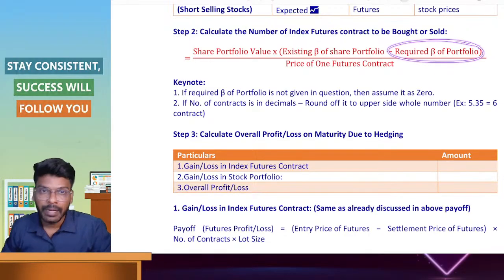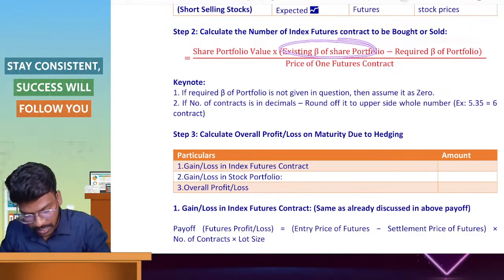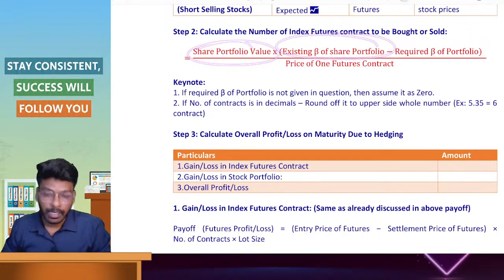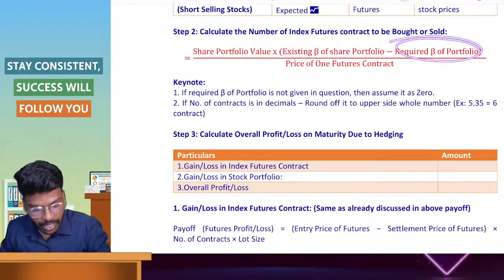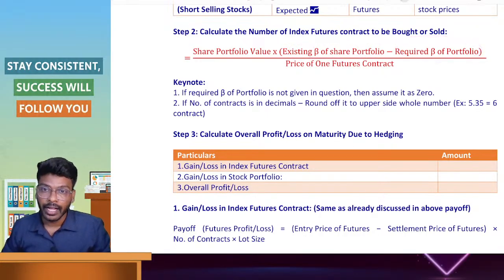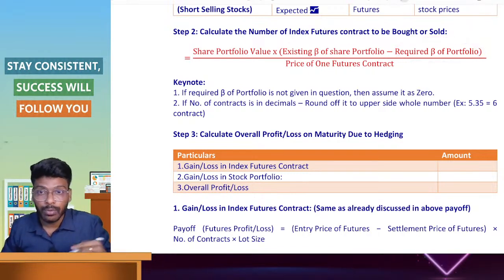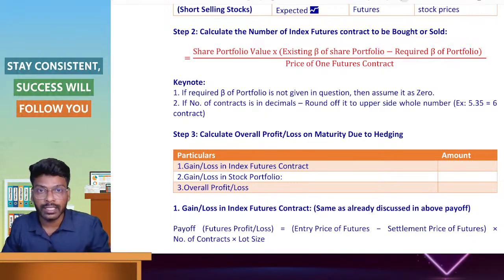If the required beta is given, we have to reduce it from the existing beta. So share portfolio value multiplied with beta, where beta is the existing beta minus the required beta. Required beta means the company can take risk up to this level, so that beta should be reduced from the existing beta.